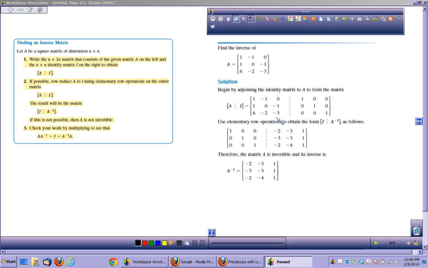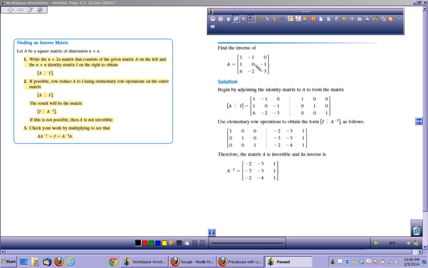But if you were finding the inverse of a 3 by 3 or a 2 by 2, this is how you do it. So you take the original matrix. I'm going to do an example of the 2 by 2 in a minute. Well, actually, we'll look at this example right here. Write the n by 2n matrix that consists of the given matrix A. So here's the given matrix on the left, and the n by n identity matrix on the right.